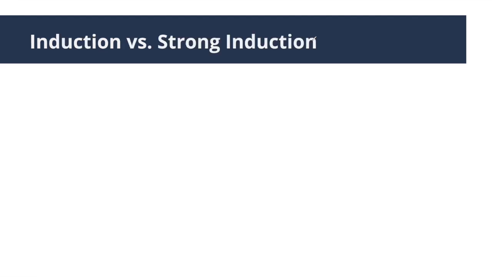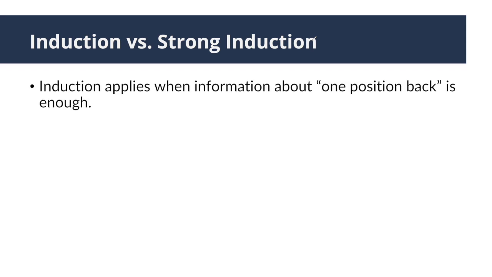Now we have talked about both induction and strong induction. Let's see what the relation is between these two inductions. First of all, induction applies when the information about one position back is enough for the inductive step, then you can apply induction.